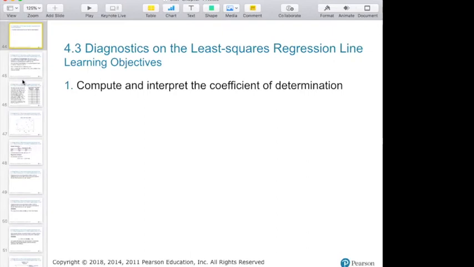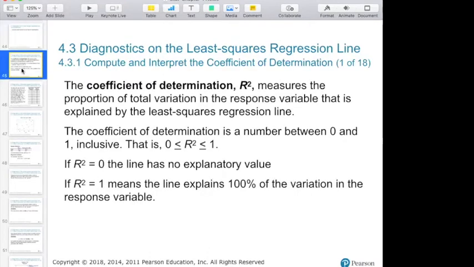But we need to go in and look at how to compute and interpret the coefficient of determination. That sounds fancy, but really we've already seen the values, the R squared that we saw in our calculator last week. Remember, the R value tells us how strong the linear relationship is.